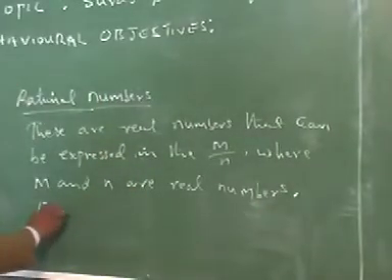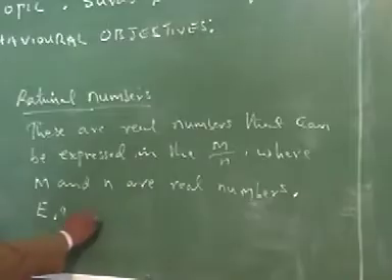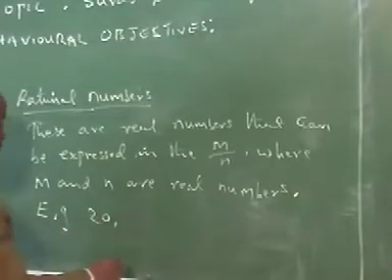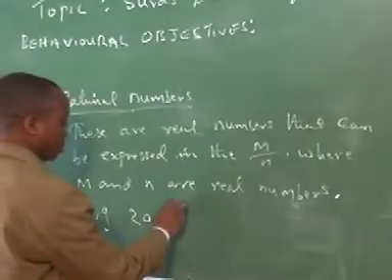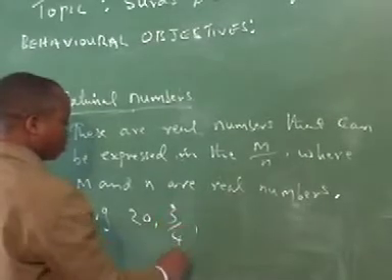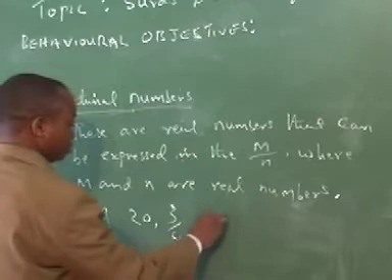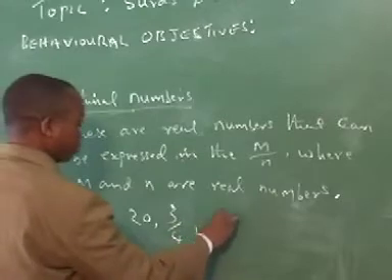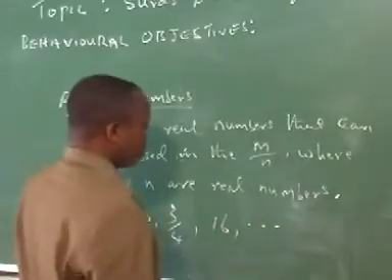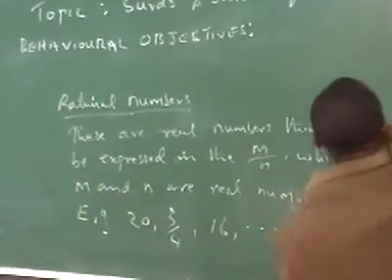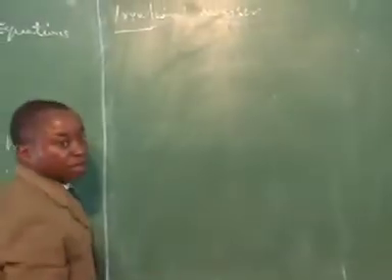Example: 20, 3 over 4, 16, and so on. So we also look at rational numbers.